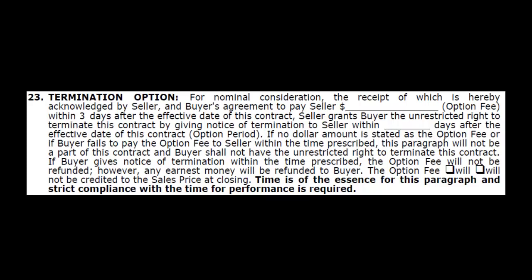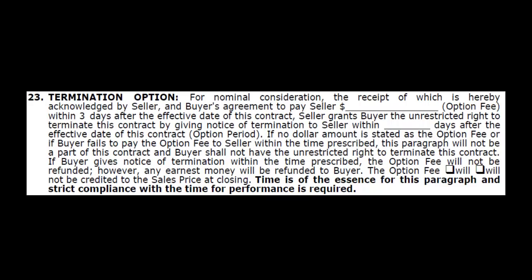And then you want to make sure that you're giving it to them in enough time prior to the deadline of this option period to give them time to respond, so that you don't end up in a situation where the buyer's waiting to hear back from the seller on the repair amendment that they just sent in, and kind of watching the clock and wondering if the seller's going to respond.